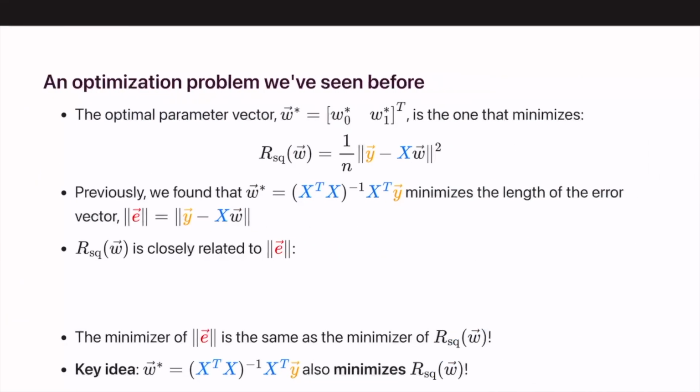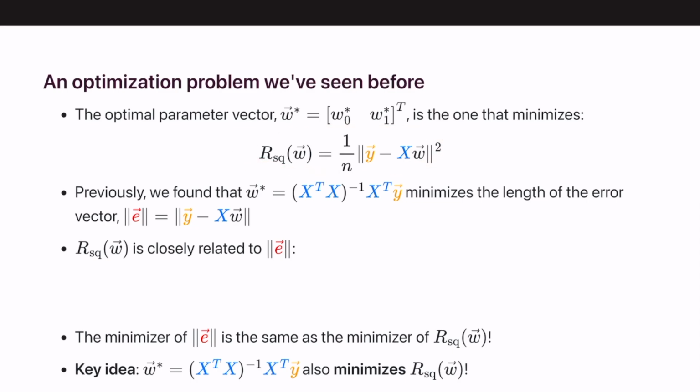Okay. So thinking about what we've just seen, we have this w star vector that we're trying to determine, which will act as a way of minimizing the mean squared error that we're currently using. And this is the one that we got from previous slides.